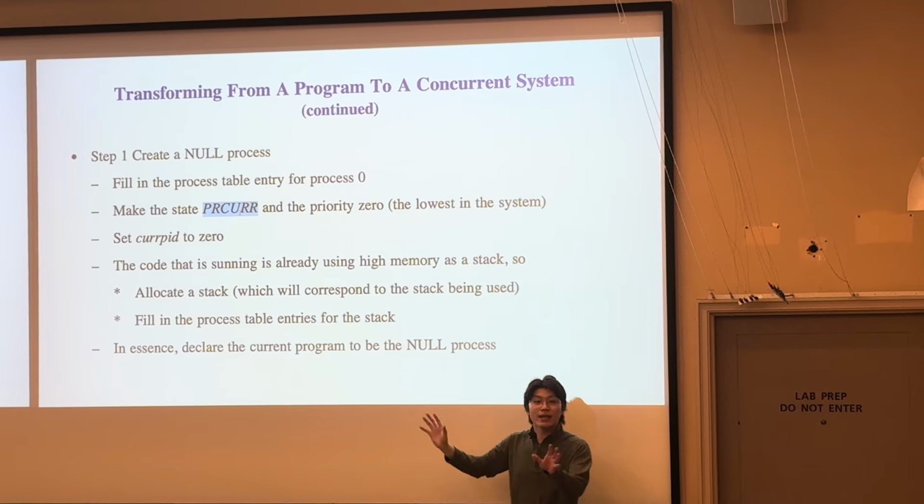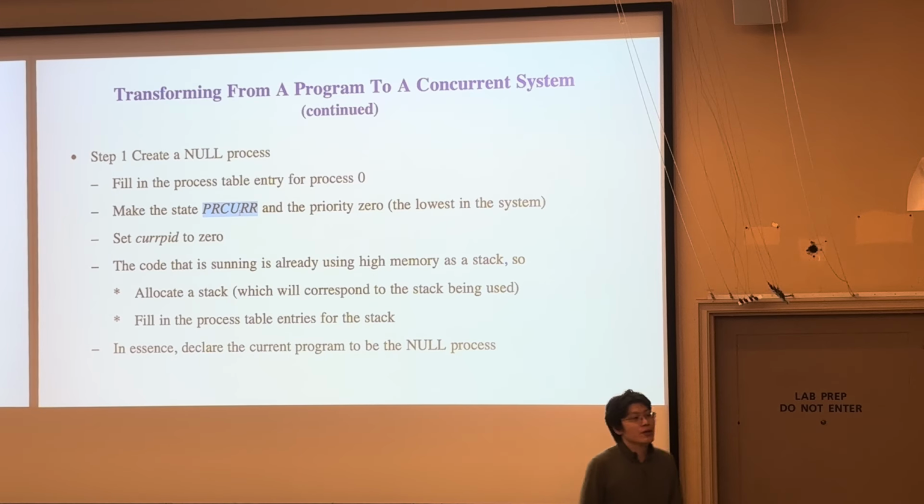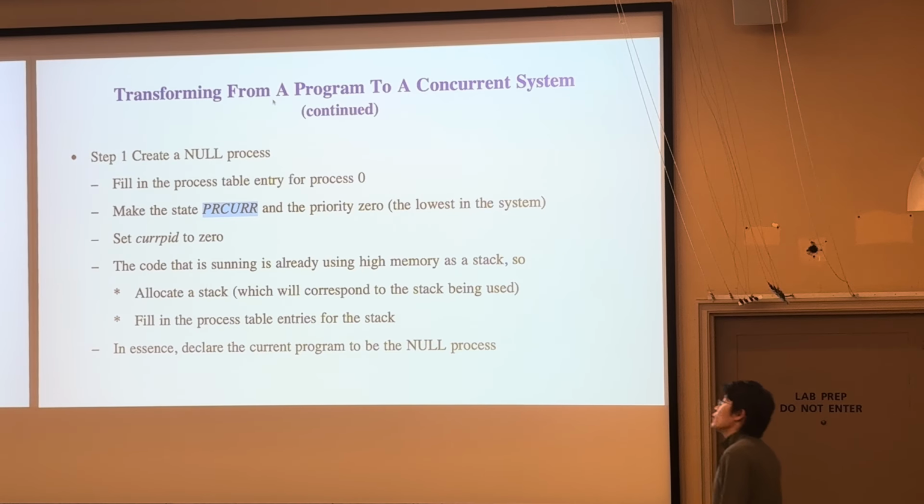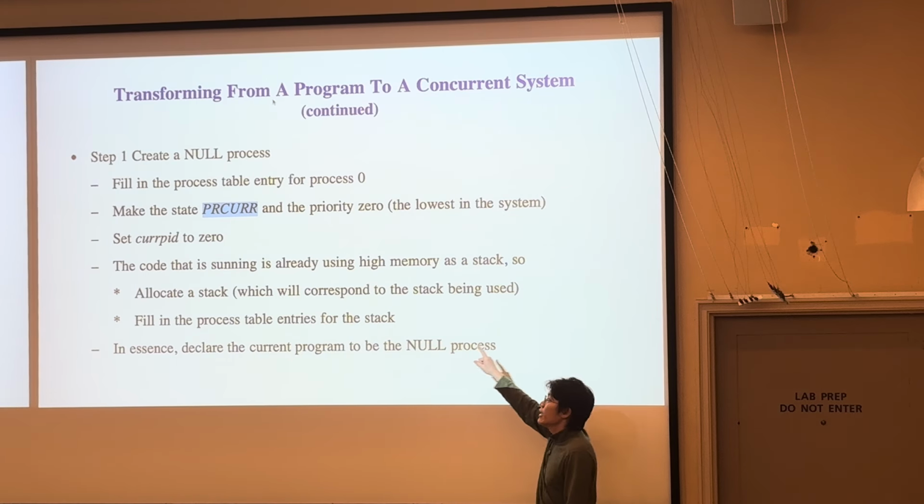Okay, so this is the concept, how the OS transforms from a sequential program to a concurrent program. After we create the first process and set its execution state to be current and enable the timer interrupts, that's when we turn our OS into a concurrent OS.